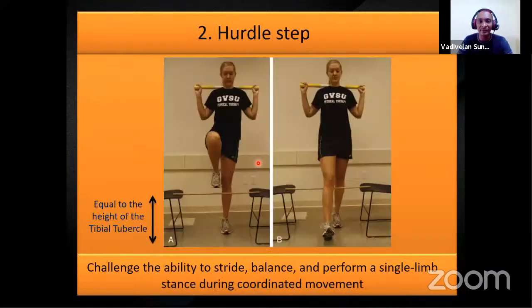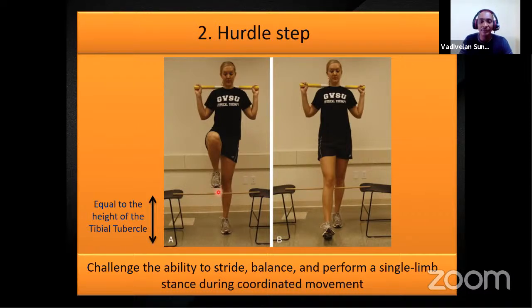The next screening is the hurdle step. The height of the step that the athlete should cross is about the tibial tubercle, measured from the ground to the tibial tubercle. We measure this height from the foot to the tibial tubercle, then we place this stick.